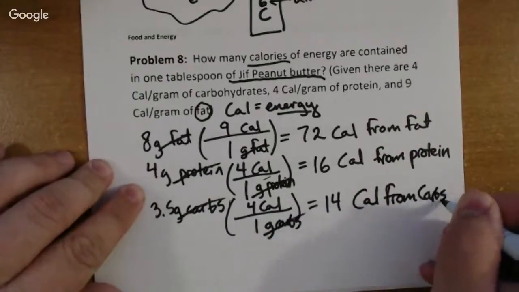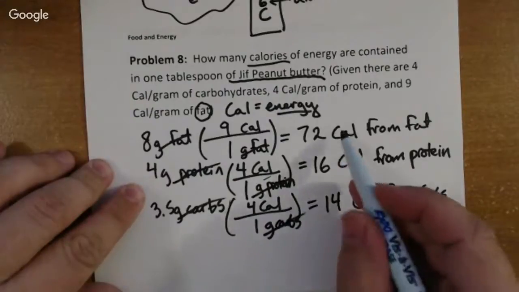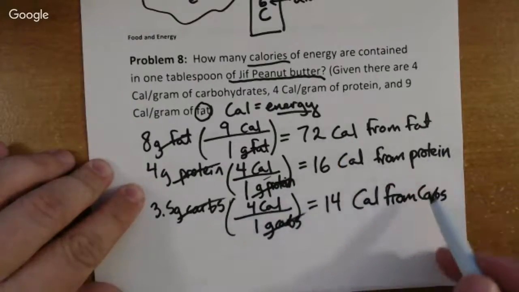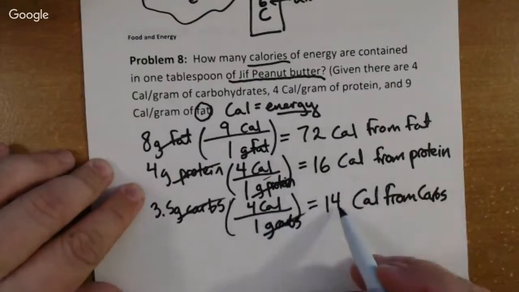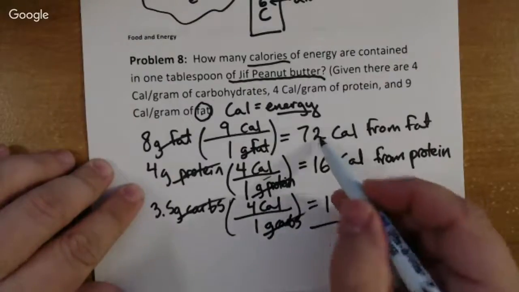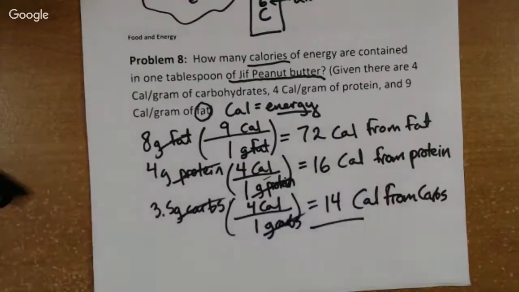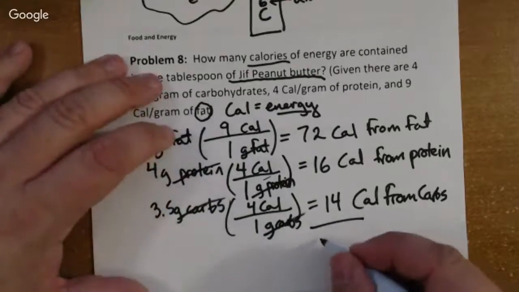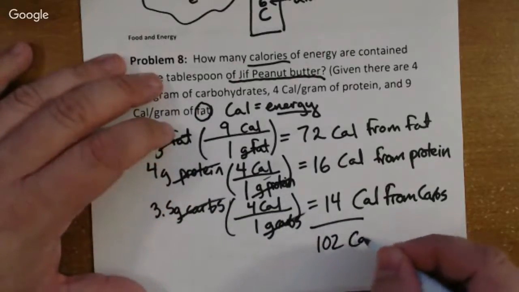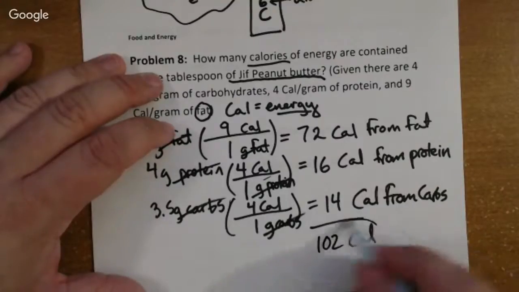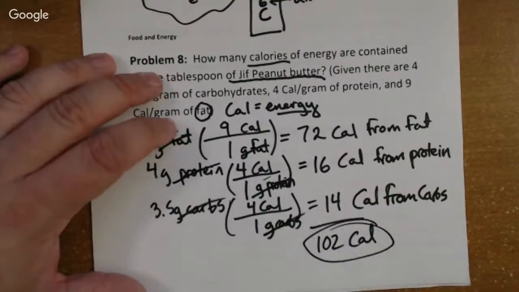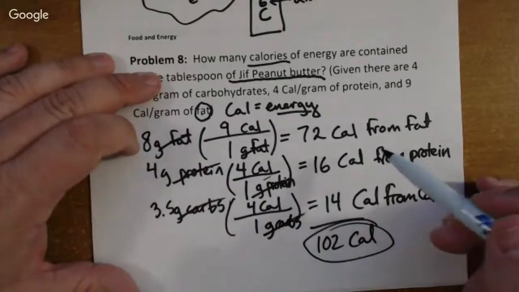Then if I want the total energy, I take all 3 classes, fat, protein, and carbs, and I add up their calories. 72 and 16 and 14, and grand total 102 calories. Final answer.